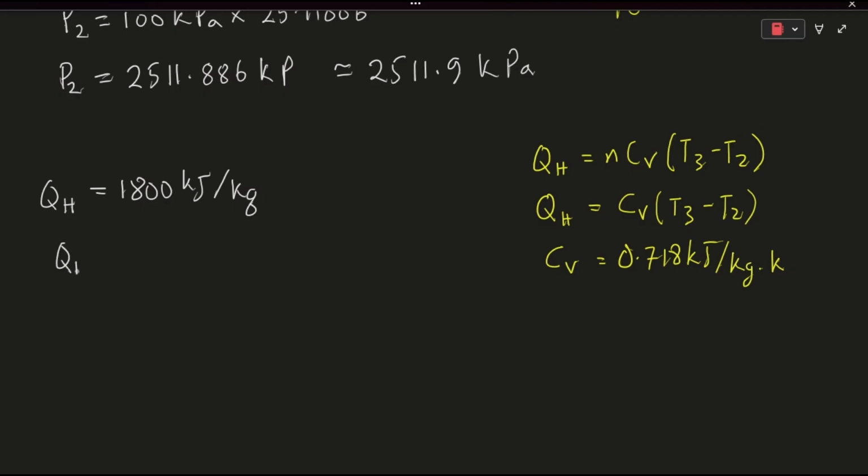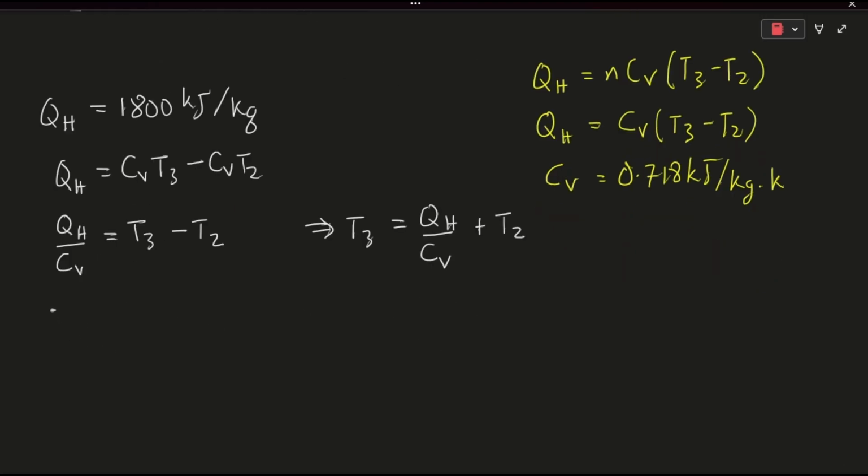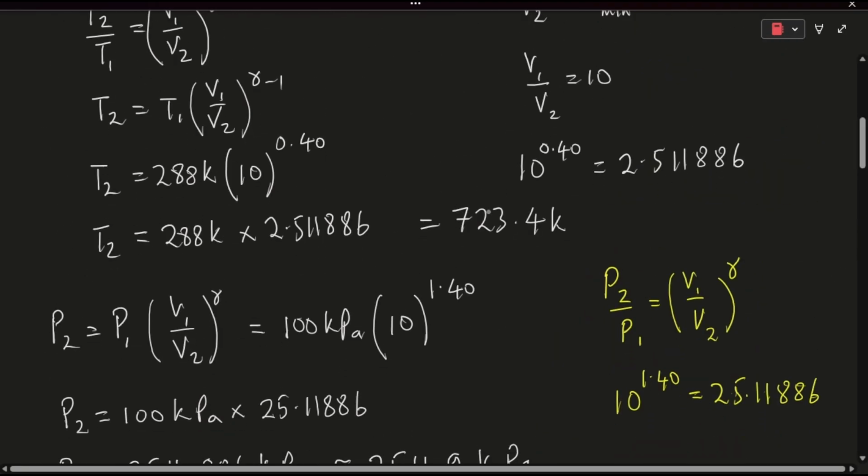So with this, we can say that T3 will be given as, and when we plug in the values, T2 has already been determined earlier as 723.4 Kelvin.